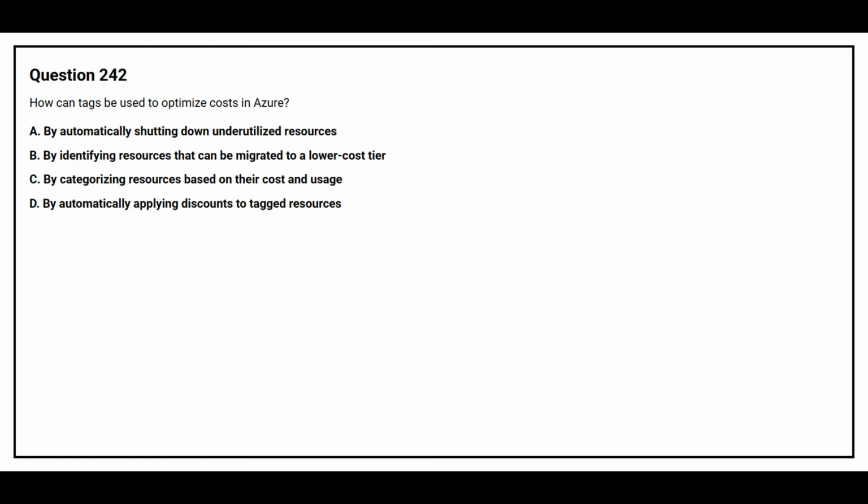Option C, by categorizing resources based on their cost and usage. Option D, by automatically applying discount to tagged resources. The correct answer is Option C, by categorizing resources based on their cost and usage.